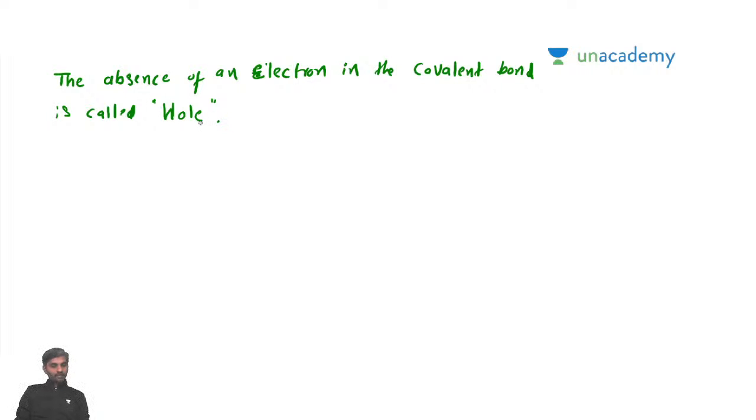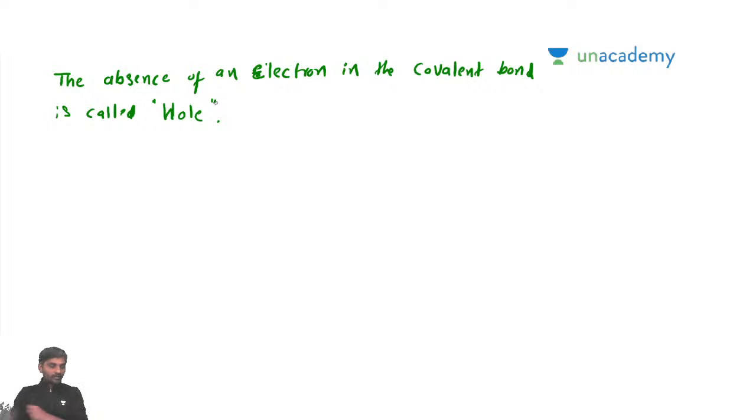It will be represented by a circle. Now, what will happen with this hole? Why are we so worried about this hole? This hole also contributes to the conduction. The important thing to remember here is that the hole contributes to the conduction.